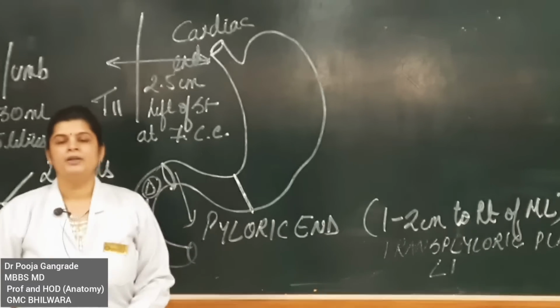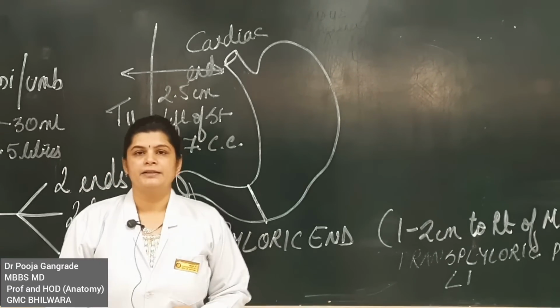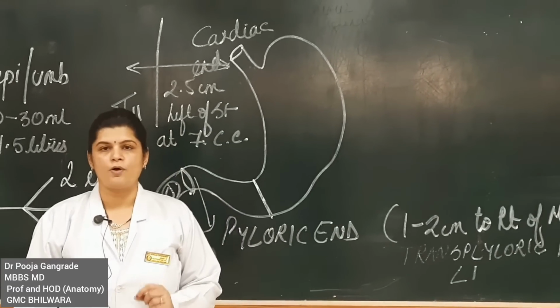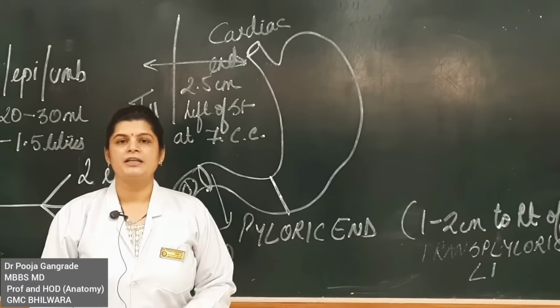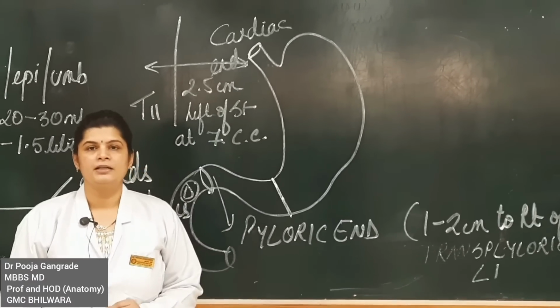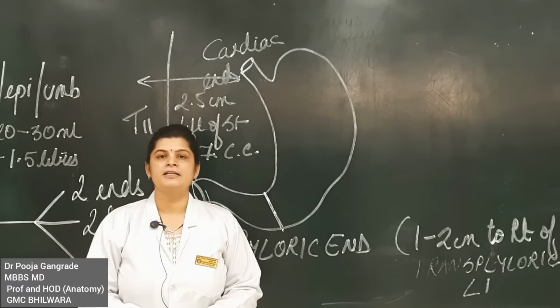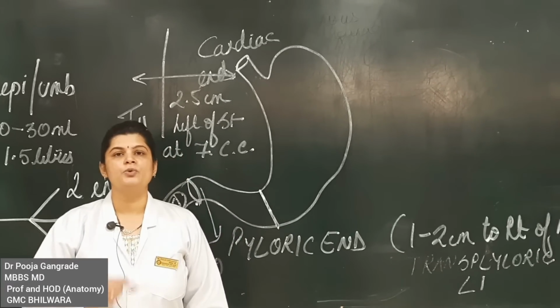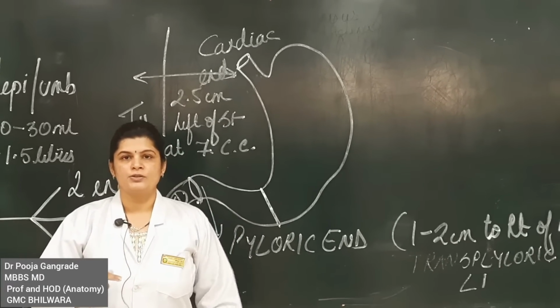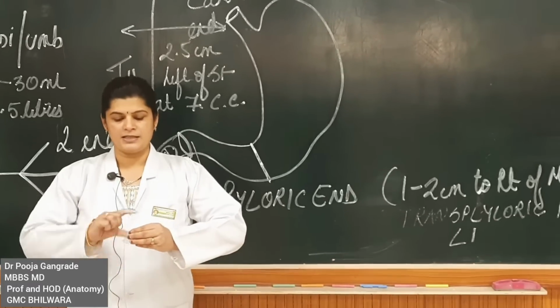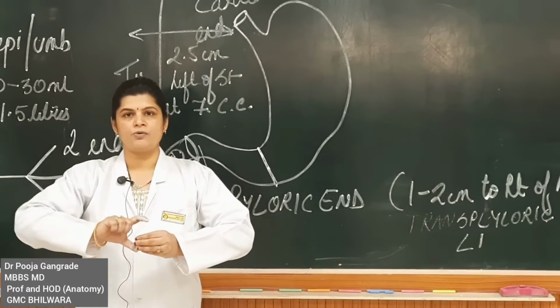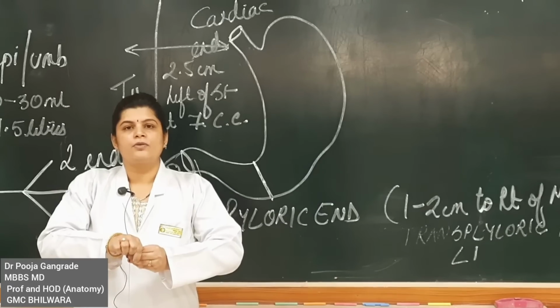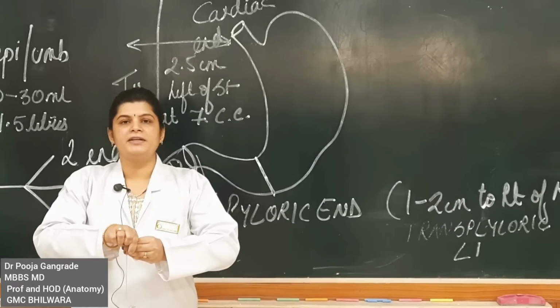Okay. Now, the pyloric end has the presence of a sphincter, which is an anatomical sphincter. Now, what is an anatomical sphincter? It is nothing but the presence of circular muscle fibers. If there is a structure like this, circular muscle fibers around it will concentrically hold it tight.